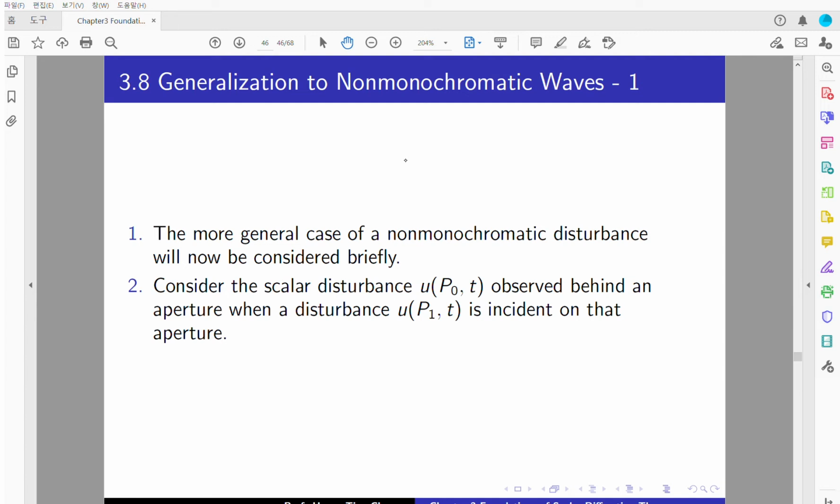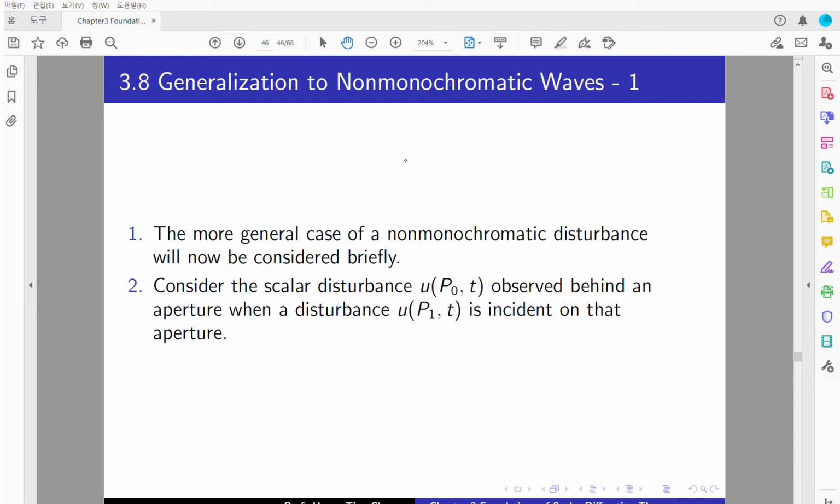We have assumed this is monochromatic, specified by the frequency omega divided by 2 pi, so that we have assumed this time dependence for a single frequency. Okay, so that was all the derivation up to section 3.7.